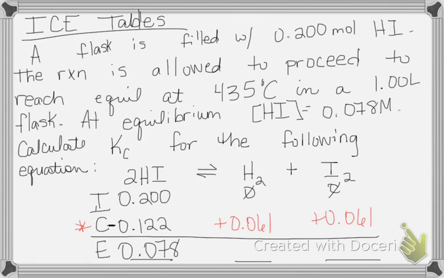How do you know if they're positive or negative? It's always going to be negative on one side of the equation and positive on the other. Because you can't have all your reactants and products all being used up, can you? If you're going to use them on one side, you've got to make them on the other. So if I started with 0 hydrogen and I produced 0.061 molar hydrogen, then don't I know at equilibrium this is going to be 0.061 as well?